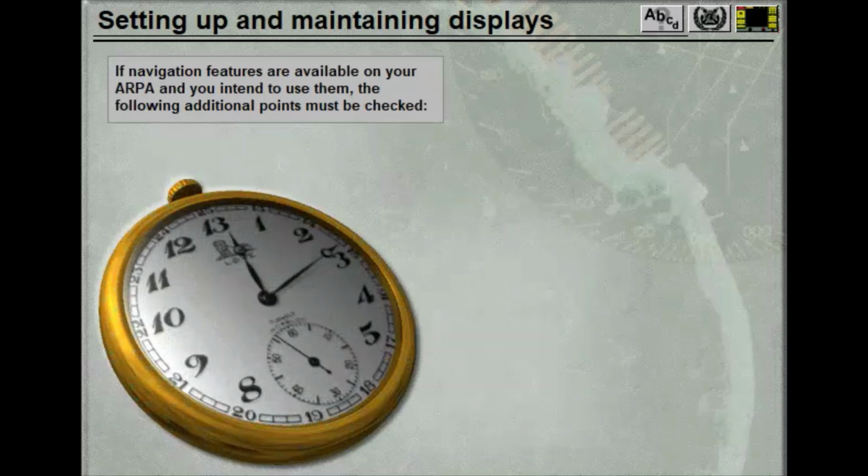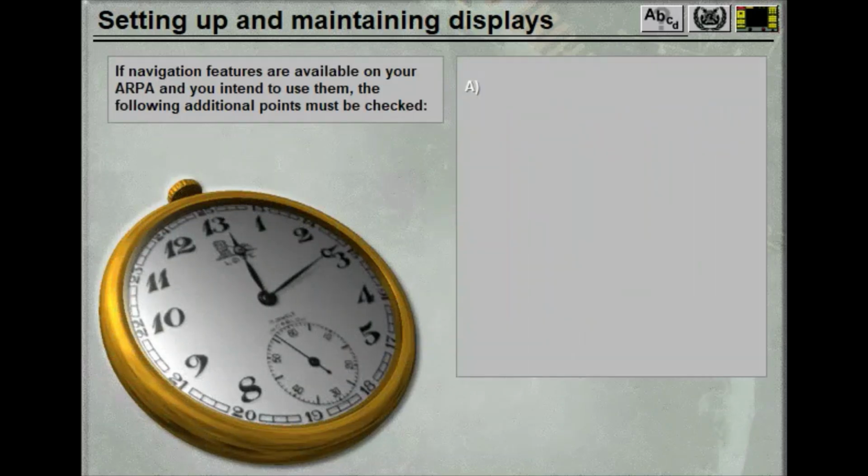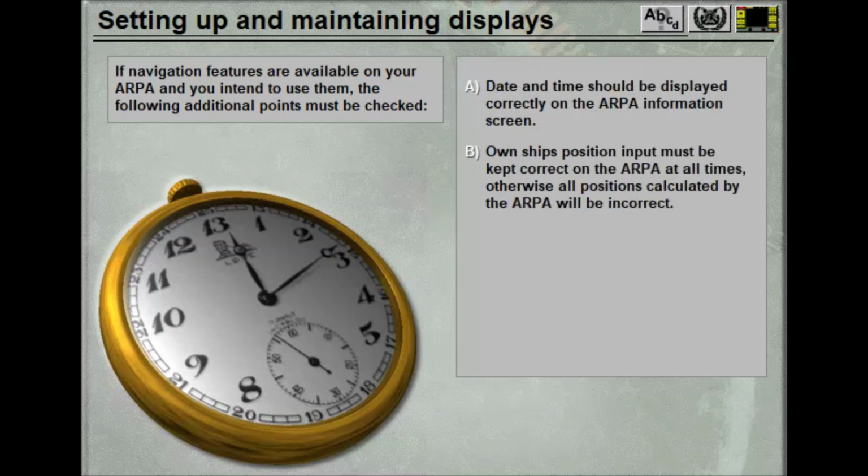If navigation features are available in your ARPA and you intend to use them, the following additional points must be checked. Date and time should be displayed correctly on the ARPA information screen. Own ship's position input must be kept correct on the ARPA at all times.